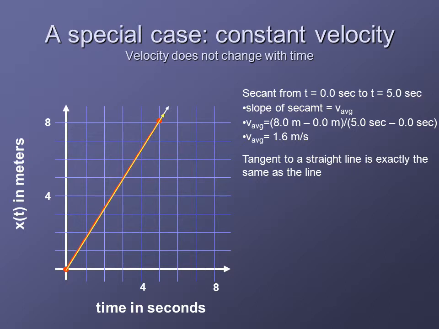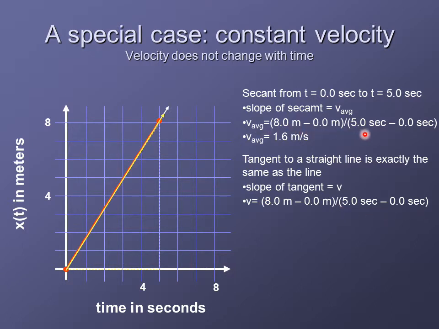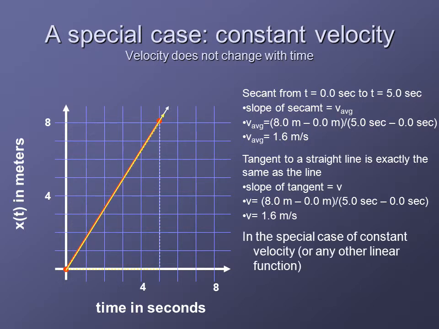Now, if you take any point along this line, the tangent to a straight line is exactly the same thing as the line itself. So that means that the slope of the tangent is going to be your velocity, as it always is. But in this case, we're going to end up with the exact same numbers that we had in the average velocity calculation. And so, not surprisingly, we get the same answer.